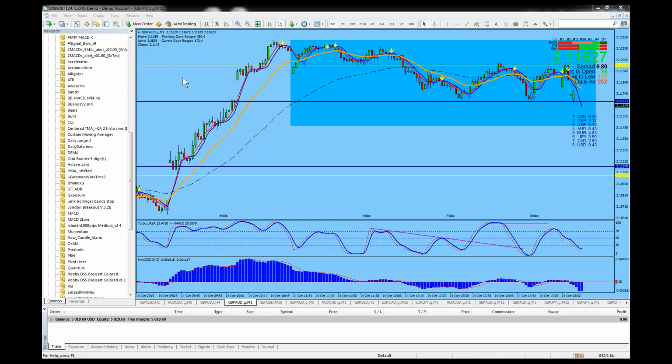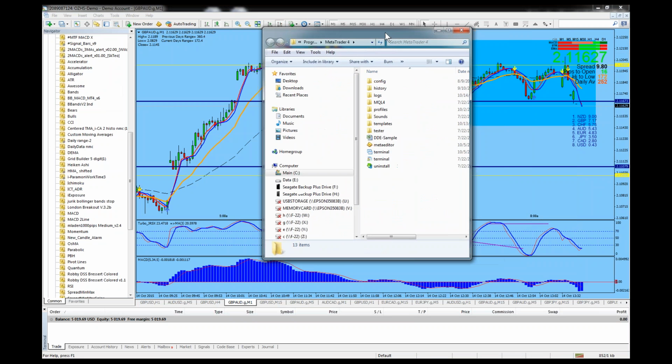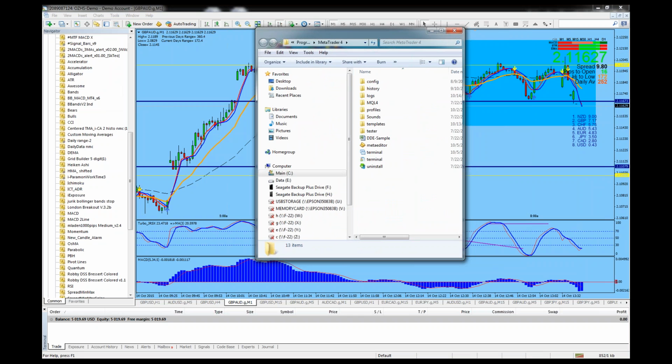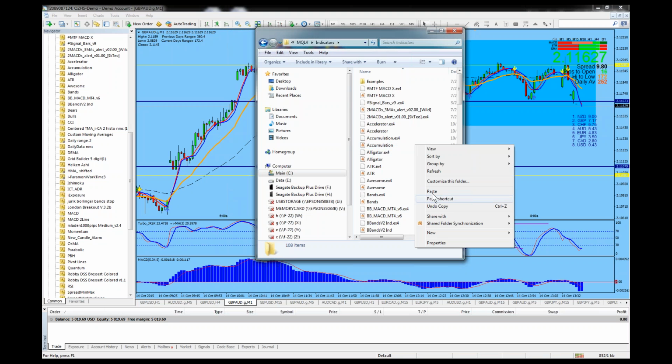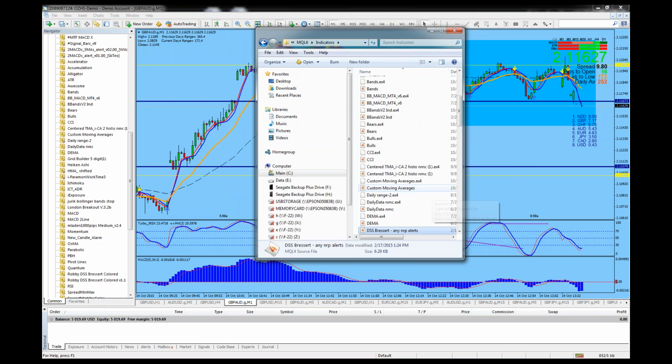Let's just throw that in there. Oh wait, maybe I have a picture here. Oh, I'll just throw it in. MQL4 indicators, copy paste. I might need the actual EX4, but let's see.